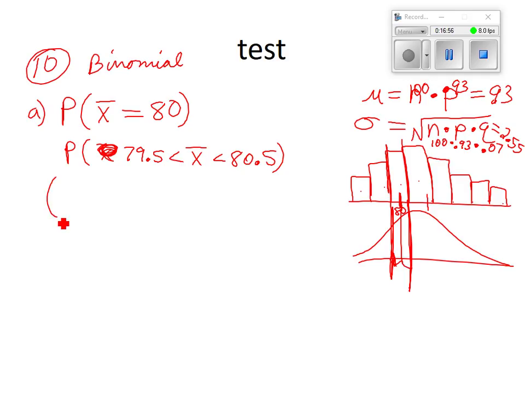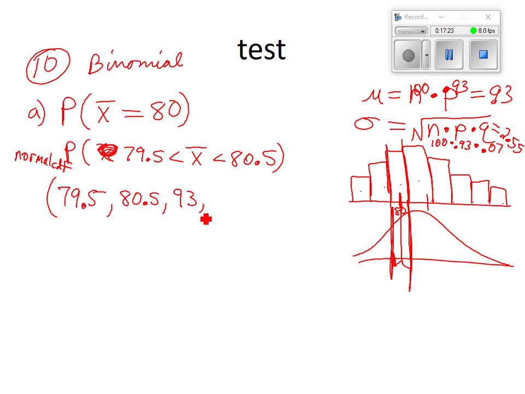Now we're going to punch this into our calculator. We're going to use the normal CDF again. What's our low limit? 79.5. What's our high limit? 80.5. What's our mean? 93.